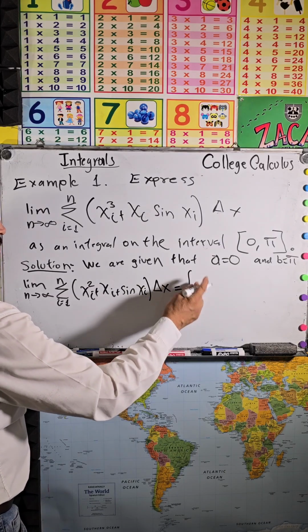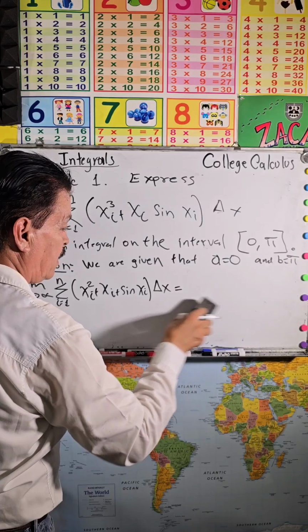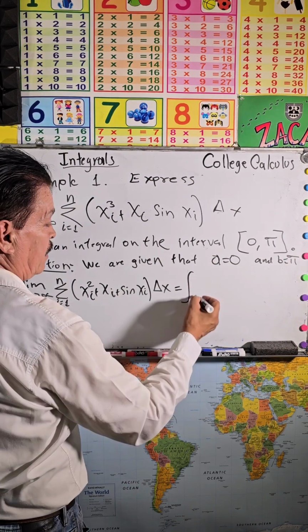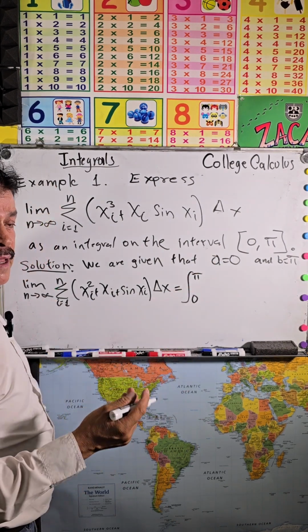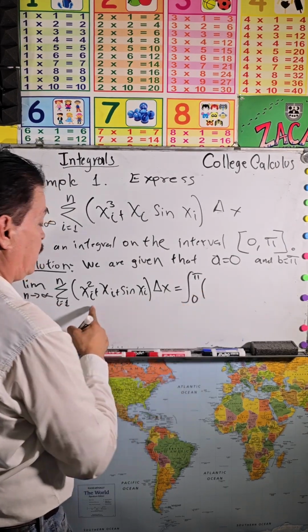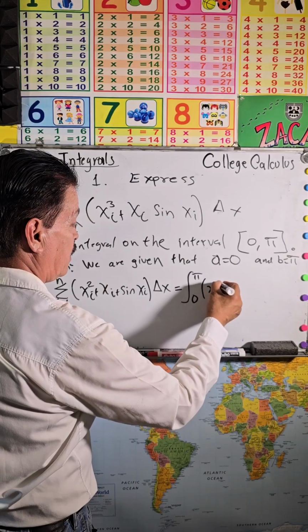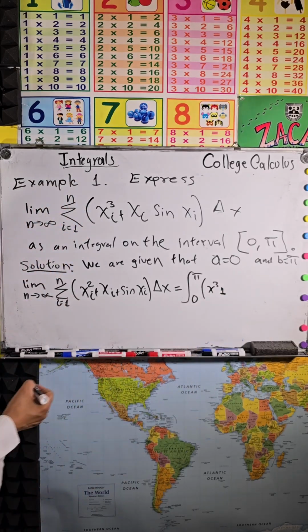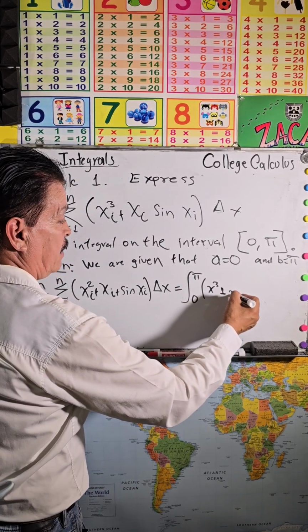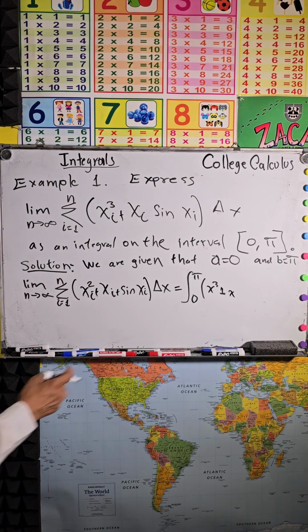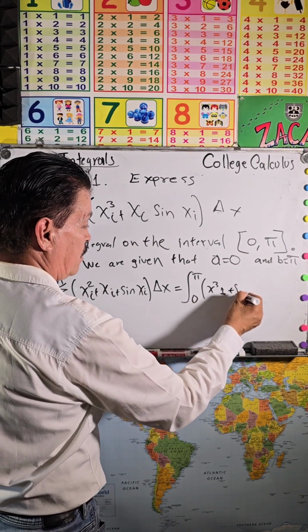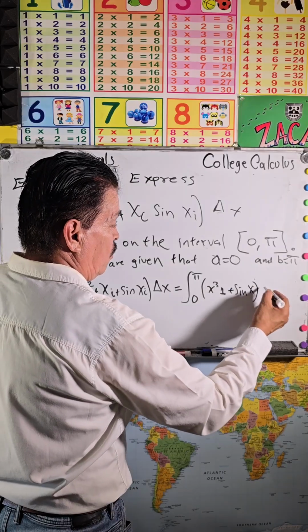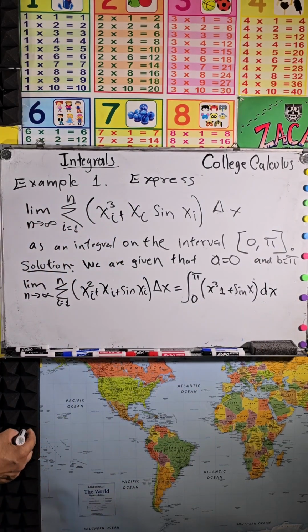Now write the integral sign. The integral from 0 to pi, and then open parentheses: x cubed plus x sine x, and now close the parentheses with dx. That's right there.